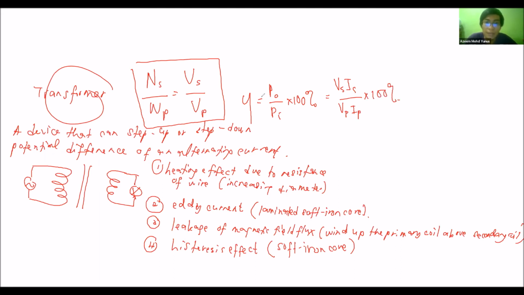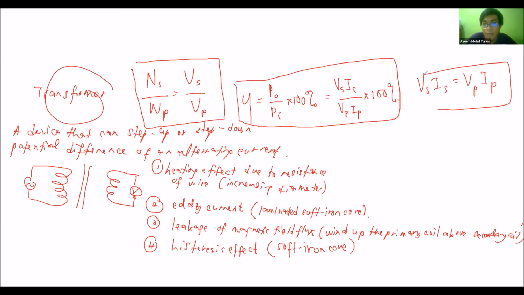If it is an ideal transformer, then the efficiency is 100%, so the 100% on both sides can be cancelled out. Basically the input power must be equal to the output power, so it will be Is Vs = Ip Vp.